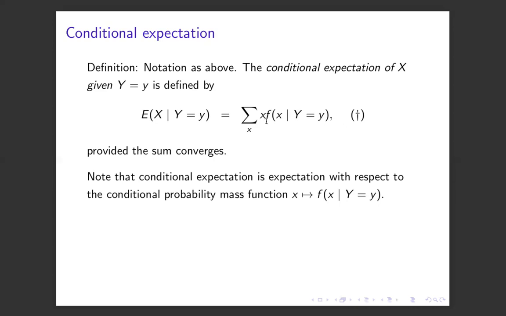This f of X given Y equal to little y we have seen earlier, provided this sum converges. So this is what I was alluding to earlier. Conditional expectation is expectation with respect to the conditional probability mass function.